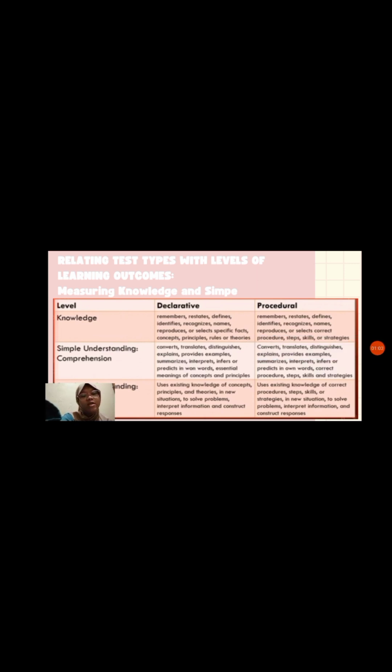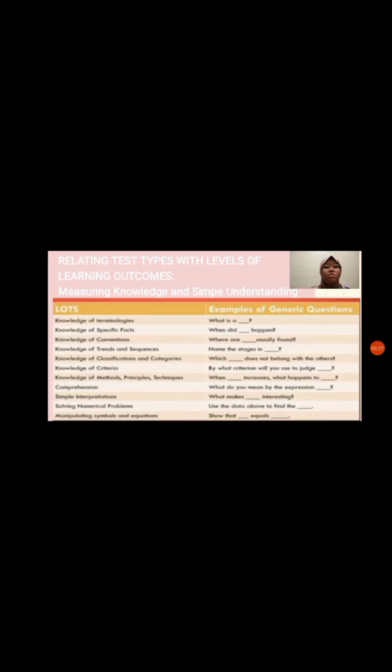The declarative is simply about a fact to recall, while the procedural is about applying what you have learned and, of course, manifesting some skills. Now, study the table that refers to the categories of lower order thinking skills.